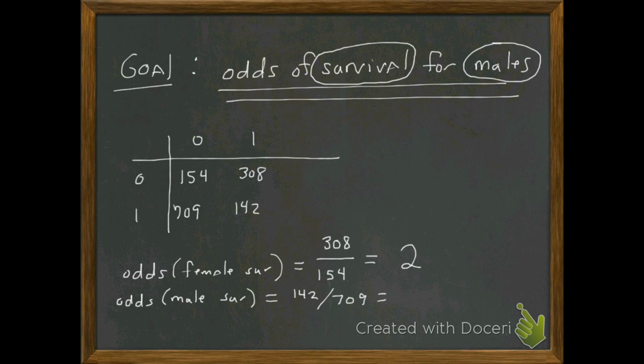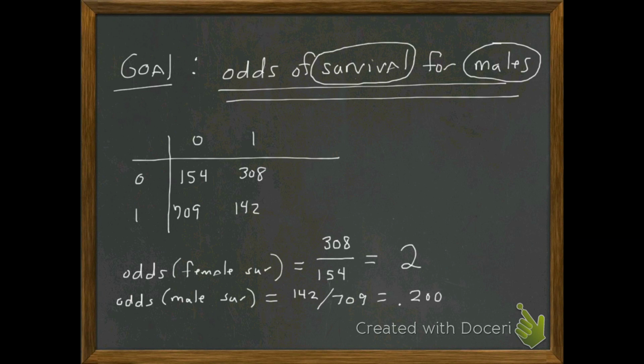All right, so 0.200. We can say that the odds of a female surviving were 2 times more likely than not surviving. The odds of a male surviving were 0.2 of not surviving.